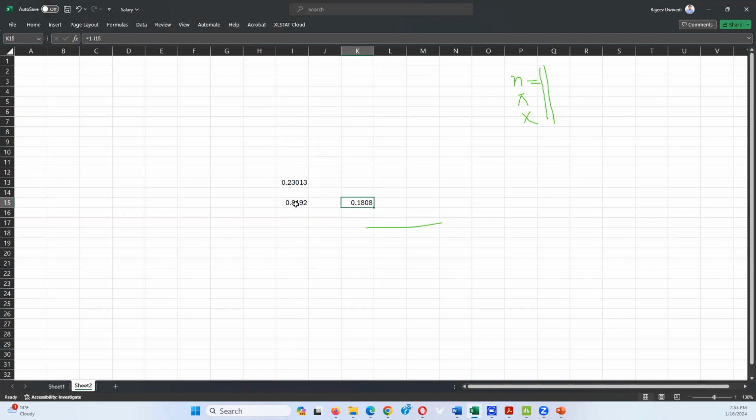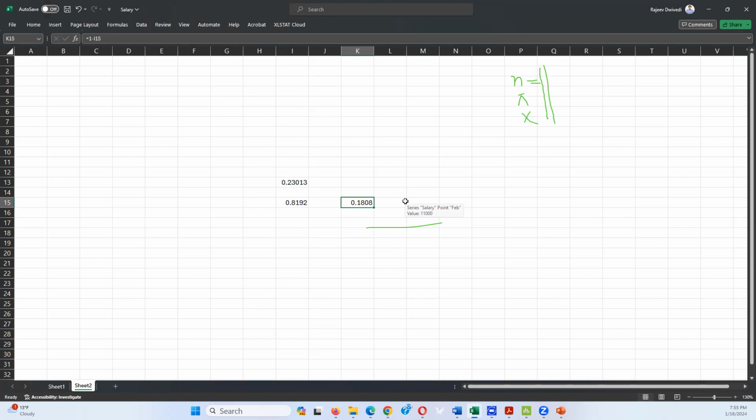If you need the lower part, the left side, you can directly get the answer. If you need the upper right side part, you need to subtract from 1, which is 100%. Is it making sense? If you understand these few concepts, the next steps are very easy for other distributions because this is the foundation.